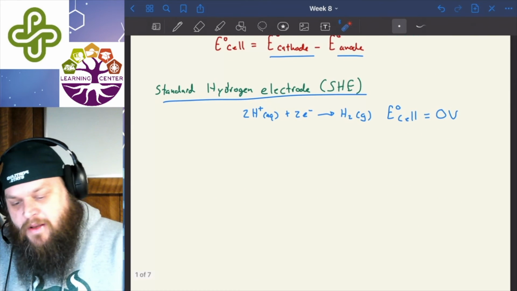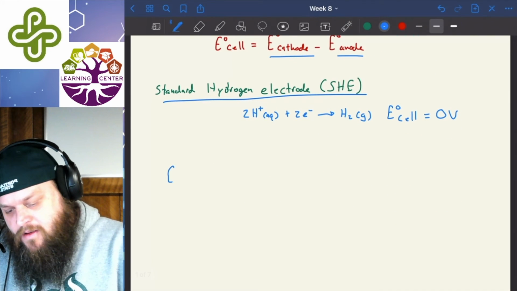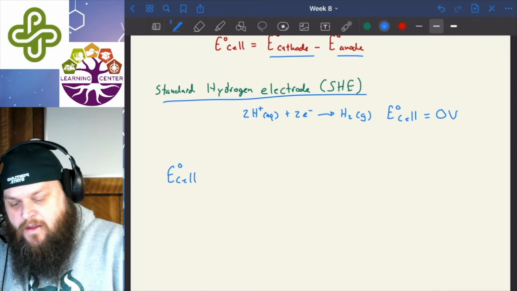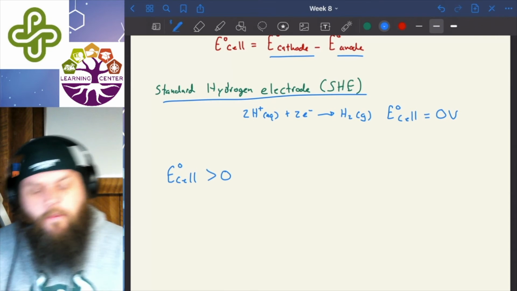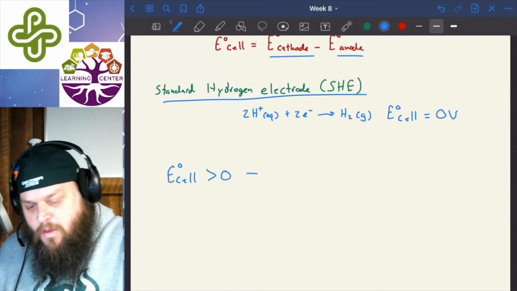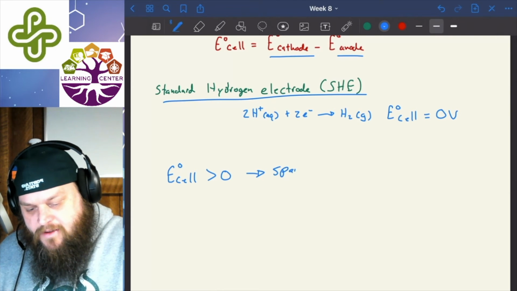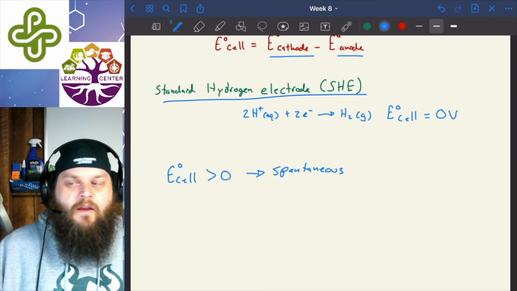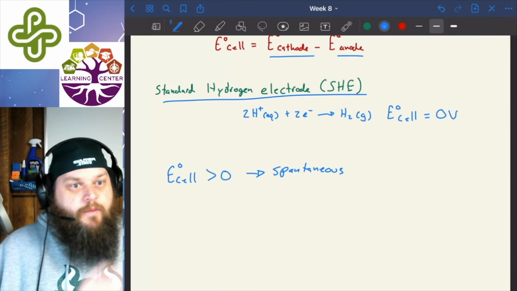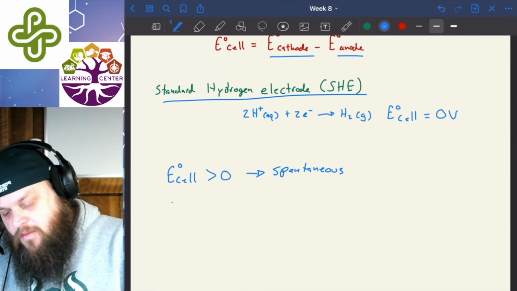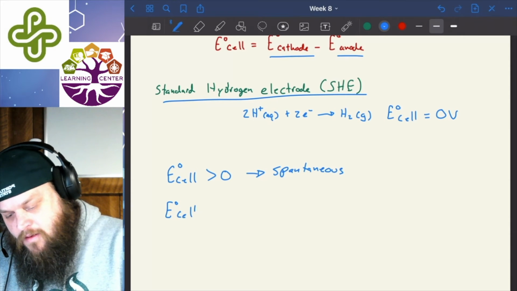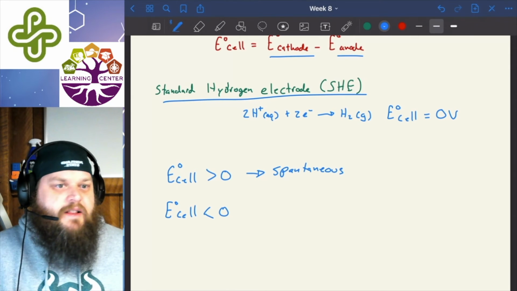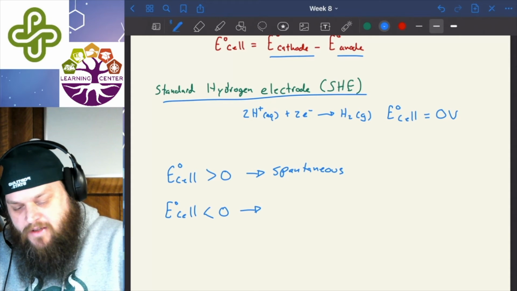And depending on what those signs are, if E, the electric potential of the cell, is greater than 0 or a positive sign, we can say that's spontaneous. It's going to happen. The electron is going to freely move from one side to the other. If this is actually negative, or that potential is less than 0, this is not spontaneous.